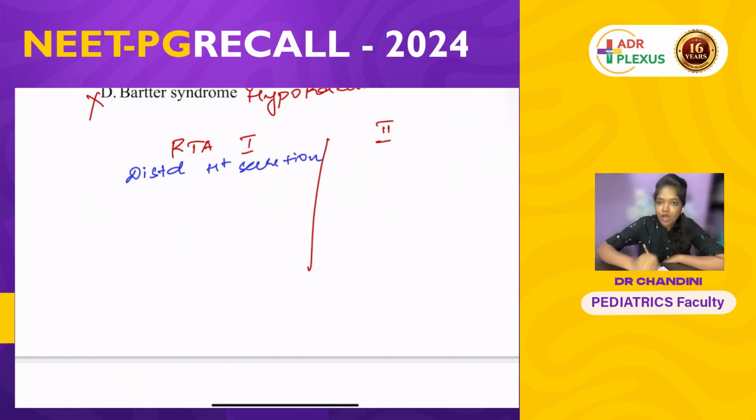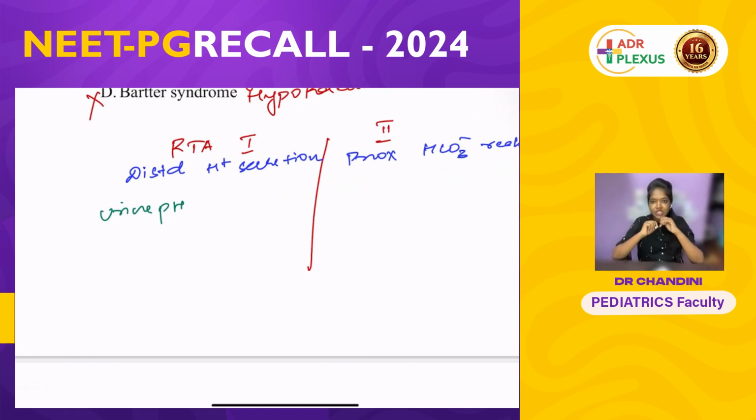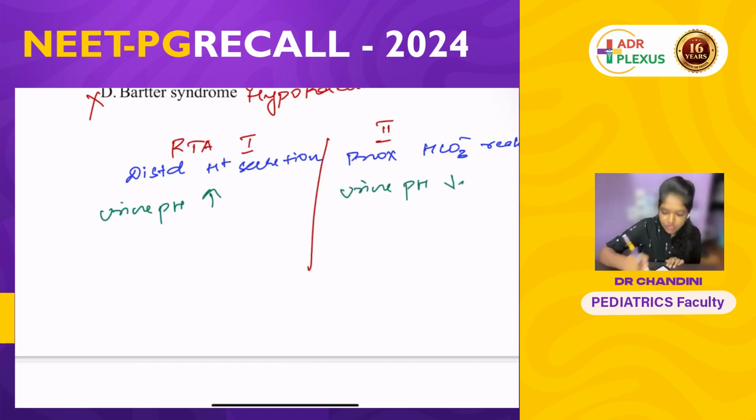Type 2 RTA is because of defective proximal bicarbonate reabsorption. In type 1 RTA, distal H plus secretion is defective, H plus is not secreted, so urine pH is increased. In type 2 RTA, urine pH will be reduced, less than 5.5.